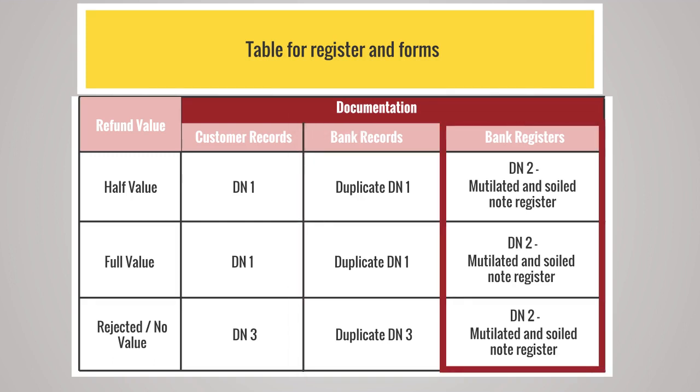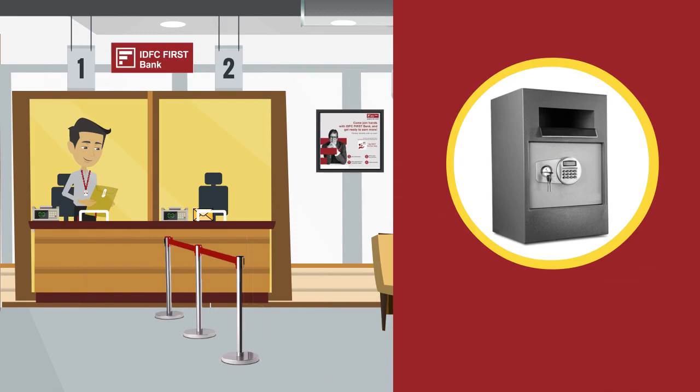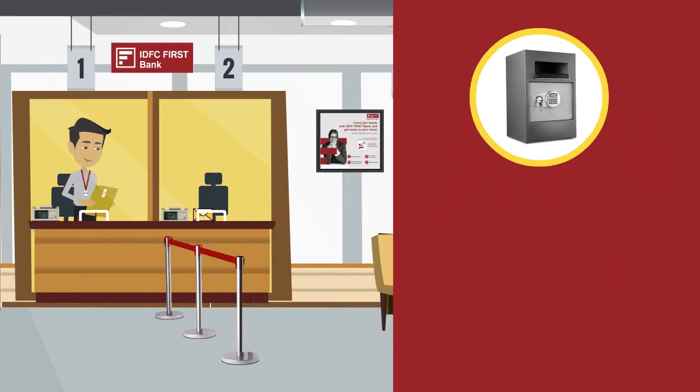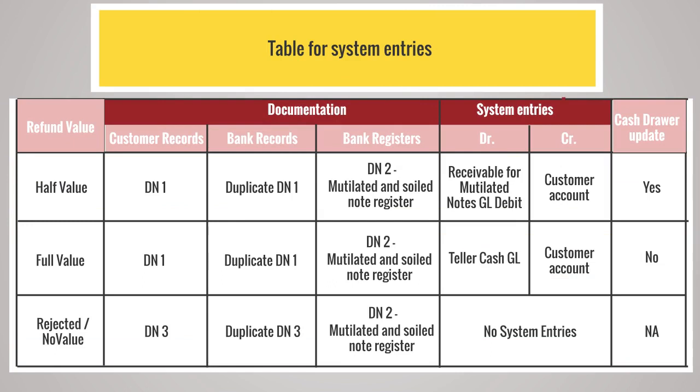DN2 register is used to make entries of mutilated notes. Mutilated notes are stored in the cash vault in separate envelopes titled Full Value Mutilated, Half Value Mutilated, and Rejected Notes. System entries for full and half value mutilated notes will be as per this table.